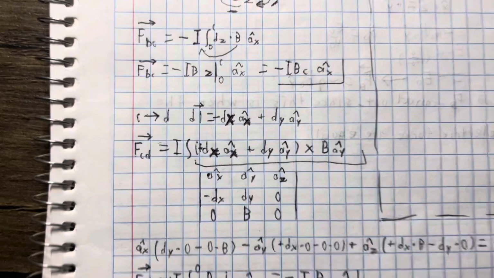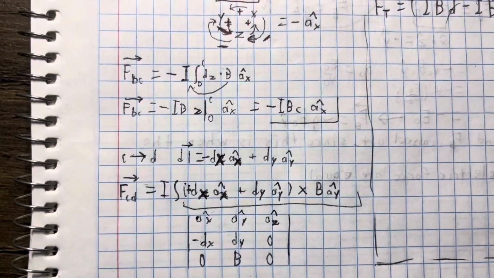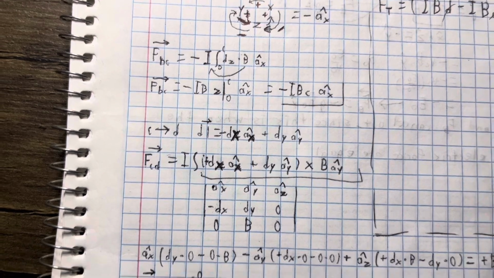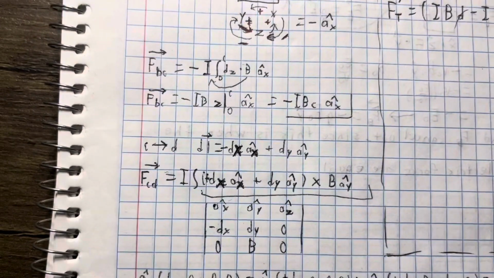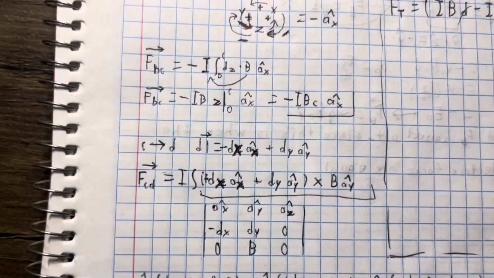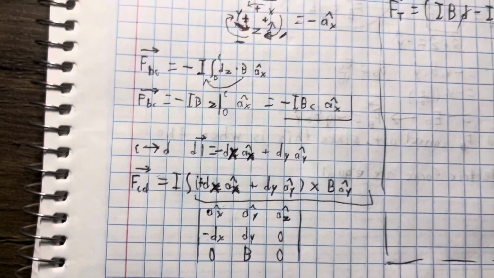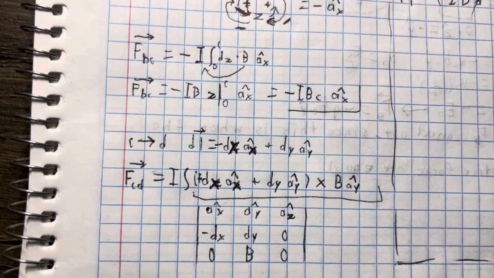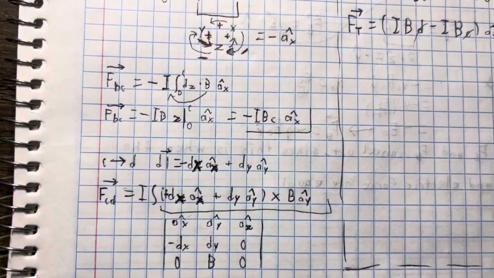Then for segment C to D, we do the same, but here we have two different differential of lines. This differential of line has two elements: a negative differential of line in the x vector and a positive one in the y vector.